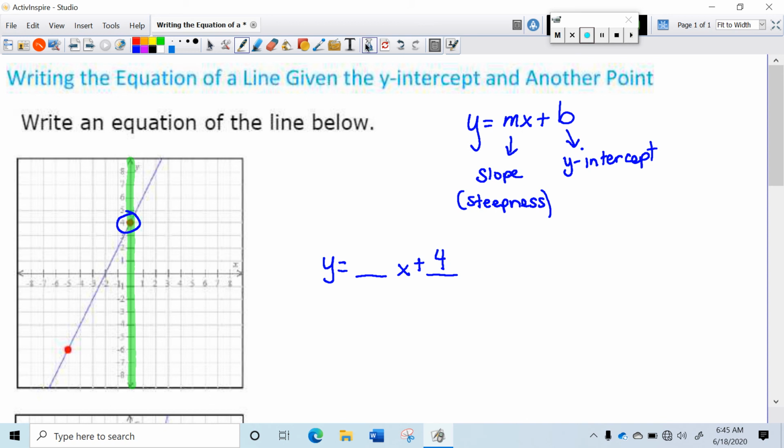Now, to find the slope, let me erase this so you can see what I'm doing.